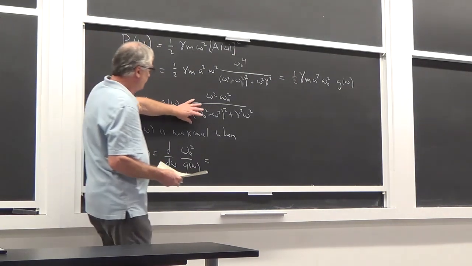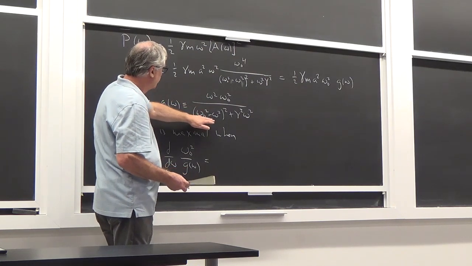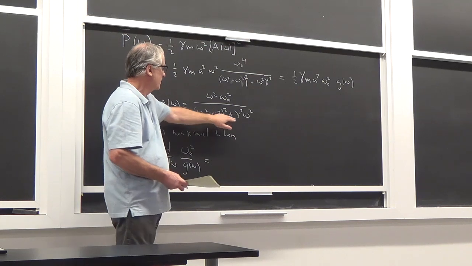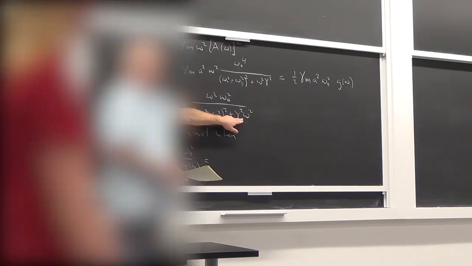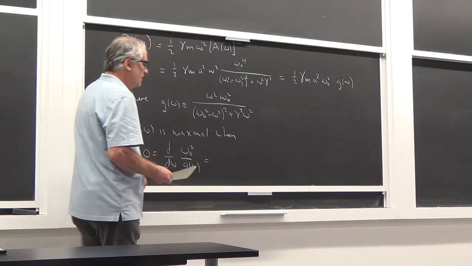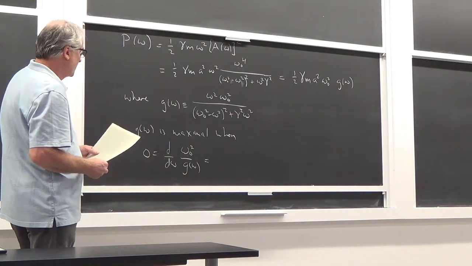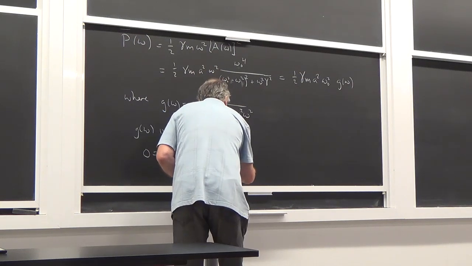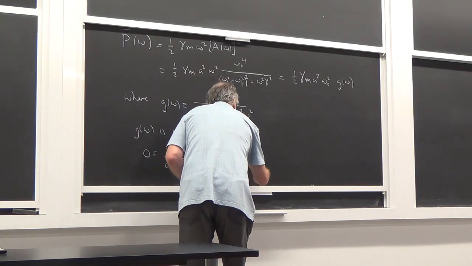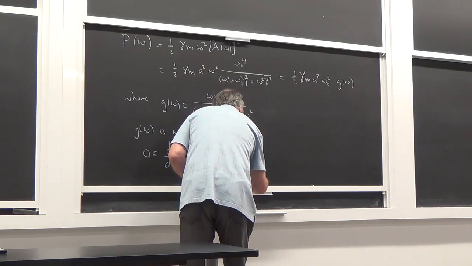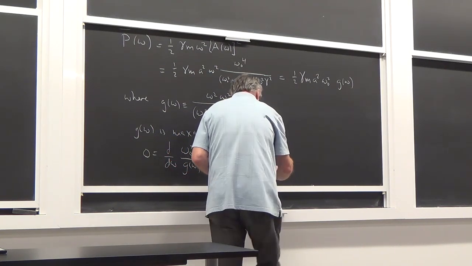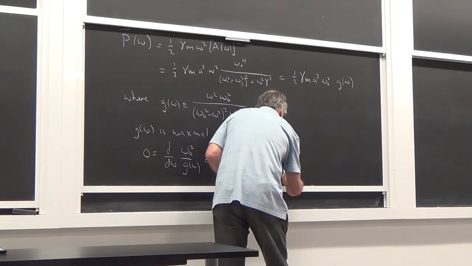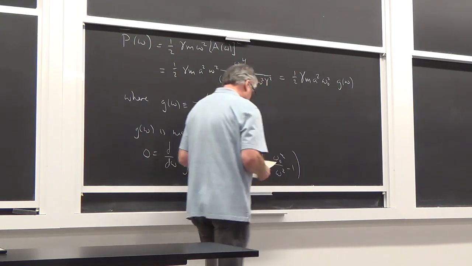See, if I flip this around, then I get this complicated stuff on top, and I can divide through by omega squared, and this just becomes a constant. I get rid of that, and the derivative is actually quite easy to do. So that's just that.